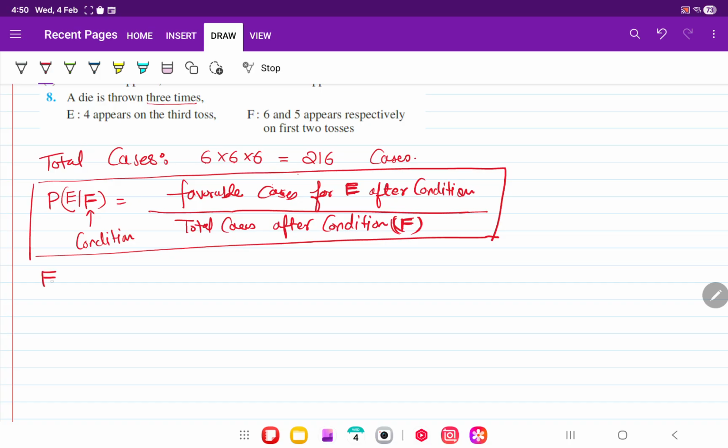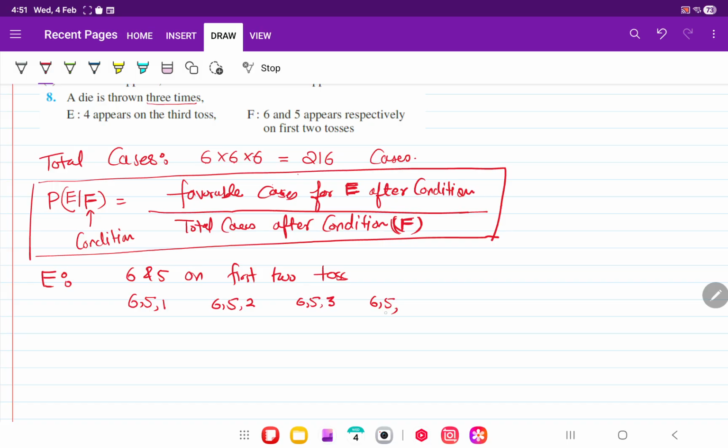So what are the cases for condition E? E is given that 6 and 5 on the first two tosses. First two tosses are fixed, 6, 5, and the third toss maybe 1, 6, 5, third toss maybe 2, 6, 5, maybe 3, the third toss may be anything.